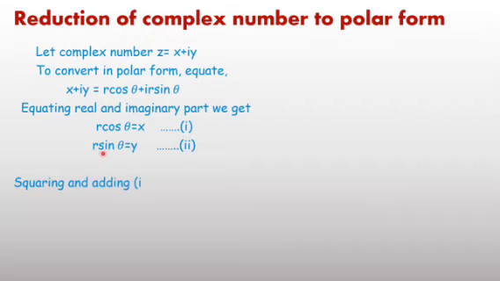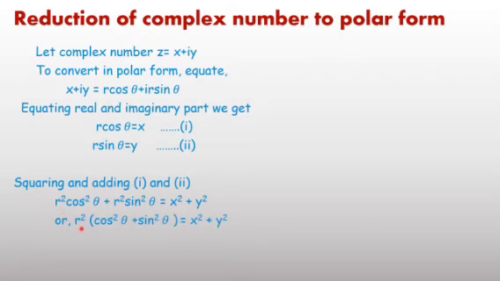First, to find the value of r, square and add the first and second equations. R square cos square theta plus r square sin square theta equals x square plus y square. Then r square is common, and the remaining part is cos square theta plus sin square theta equals x square plus y square. The value of cos square theta plus sin square theta is the identity 1.